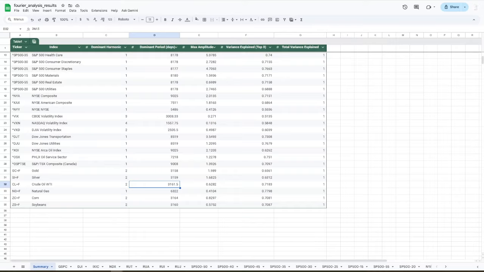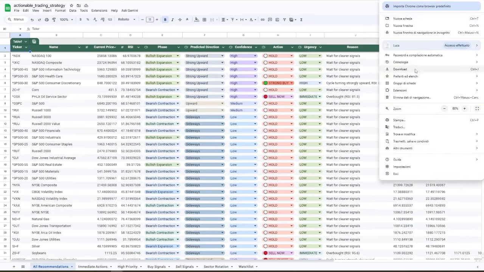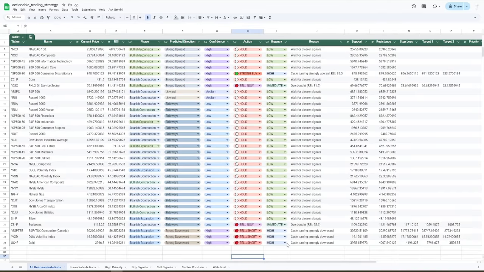So now let's try to find it. I think it's on, okay, yes, we have it here. Very, very simple thing. So what our dashboard tells us: the NASDAQ 100 is in a bullish expansion. It's a strong upward trend, and we have a high level of confidence that the trend is upward. And what it tells us is, okay, wait for clear signals.